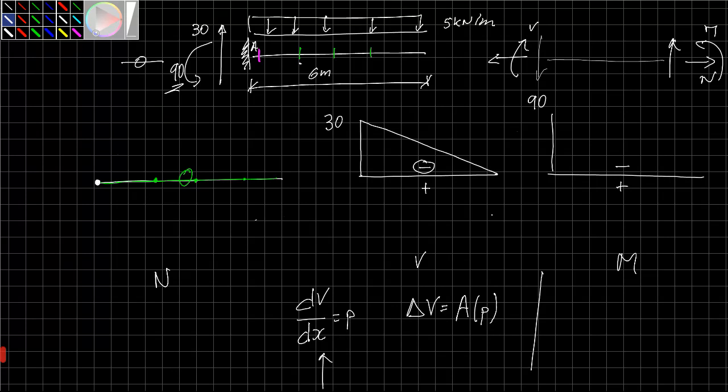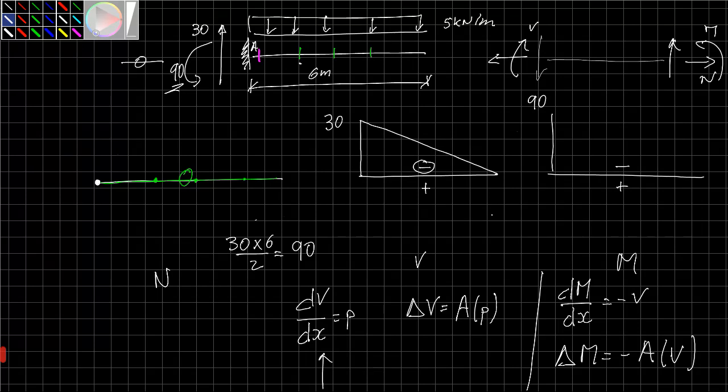Again, I can use similar equations, dM/dx equal to minus V, which means that the change in moment is equal to minus the area below V. So the area below V is 30 times 6 divided by 2, that's equal to 90. So if this is negative, this one increases, so it goes down, increase 90, so it comes from 90 up to 0.